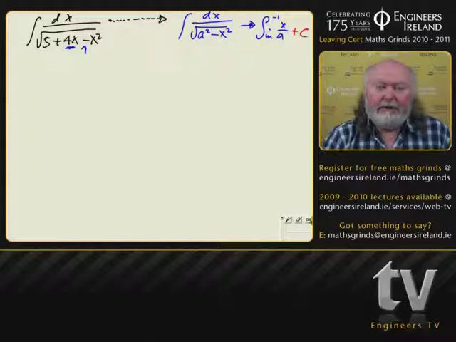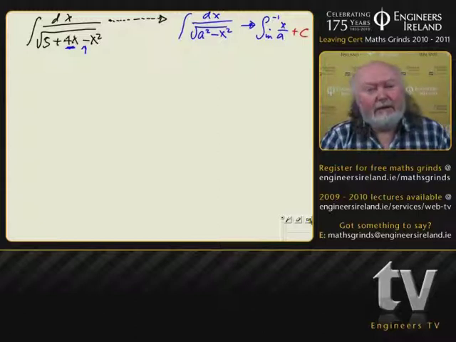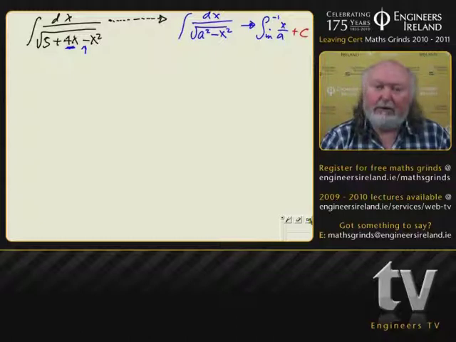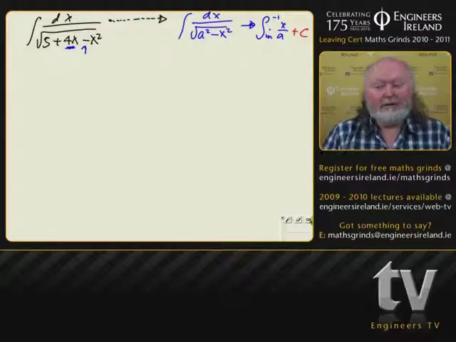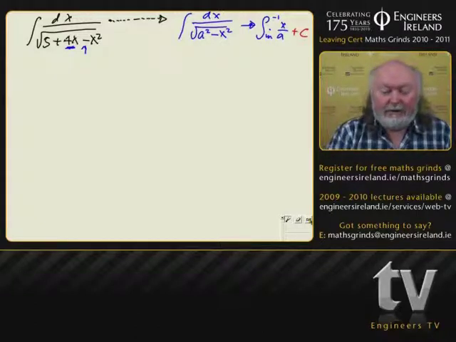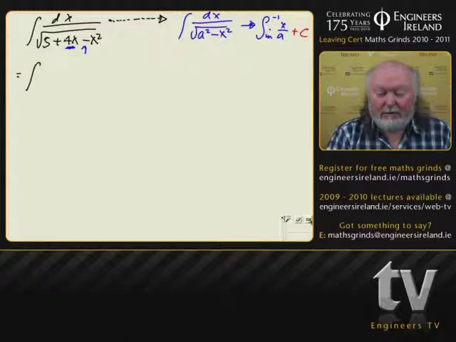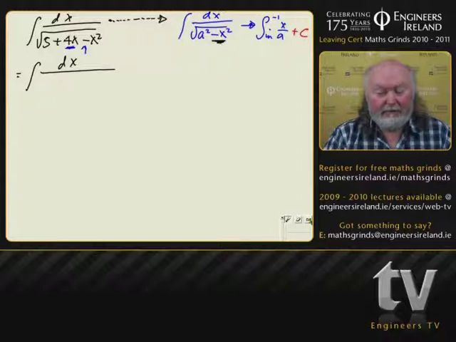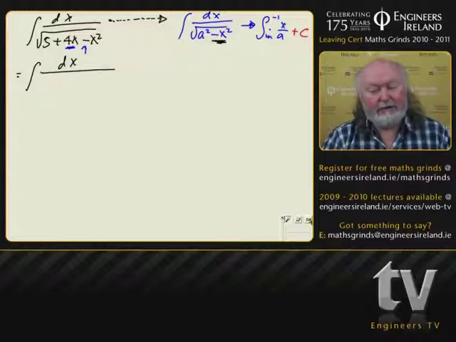What we want to do is the same thing that we've done in algebra, and it also turns up in geometry, where we would have a quadratic or a cubic equation or some set of relationships which have inequalities involved in them, and you try and set up squares. In this case we'll do the exact same thing. Let's look at this. This is the same as the integral of dx all over, and we're saying I've definitely got a minus x squared, so I want it in this form.